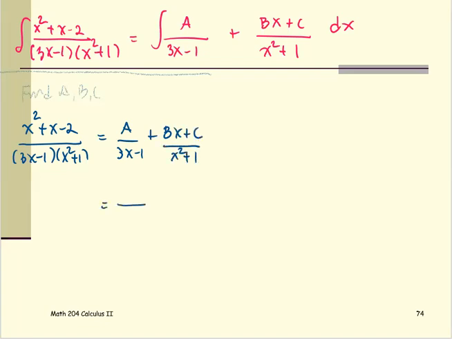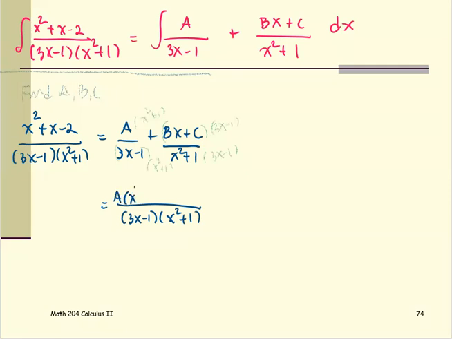So I work on combining these two fractions by using the common denominator. That means my first one, I'm going to multiply by x squared plus 1, and my second, I'm going to multiply by 3x minus 1, to make the same denominator.